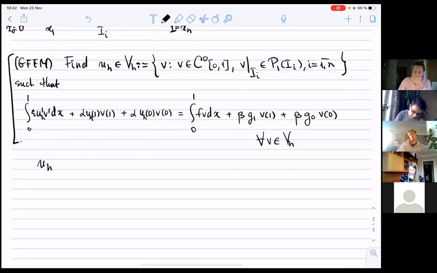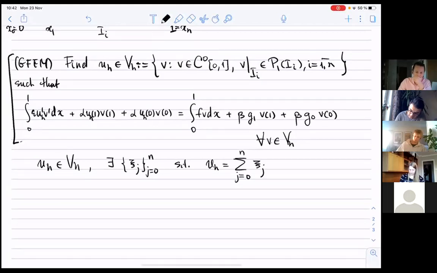So we have that since U is from VH, then we say that there's a sequence of coefficients from 0 to n such that UH can be written as a linear combination of these basis functions that we defined a bit earlier.